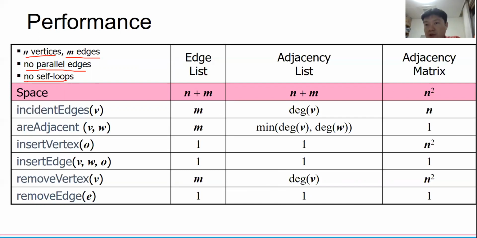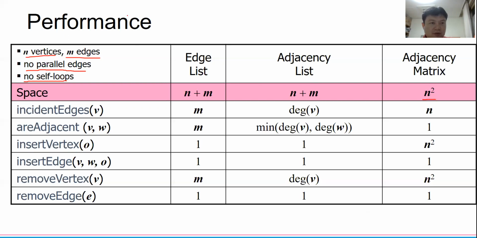For the adjacency matrix, we have n squared. So which one is better? Of course you would choose the edge list or adjacency list, which is smaller than the adjacency matrix. But the edge list and adjacency list are more complex in terms of programming. This is what we already learned in the first part of our course about data structures.